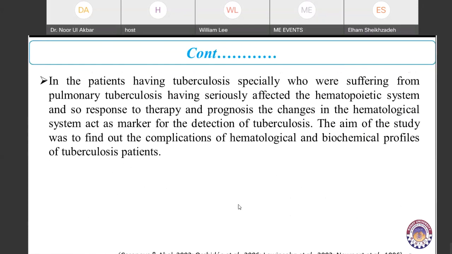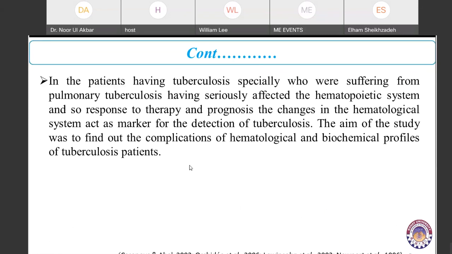Patients having tuberculosis, especially those suffering from pulmonary tuberculosis, have a seriously affected homeostatic system and hematological system, and so response to therapy and prognosis are affected. The changes in the hematological system act as markers for the detection of tuberculosis.